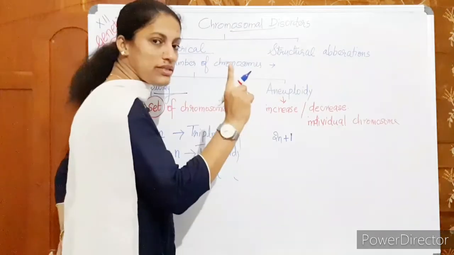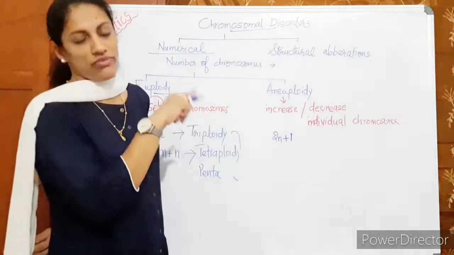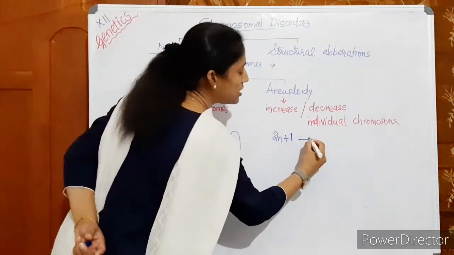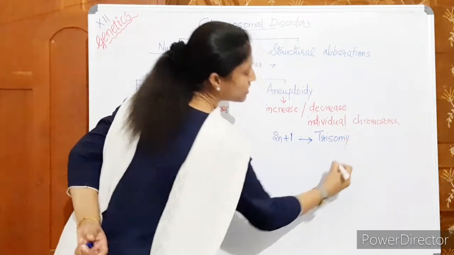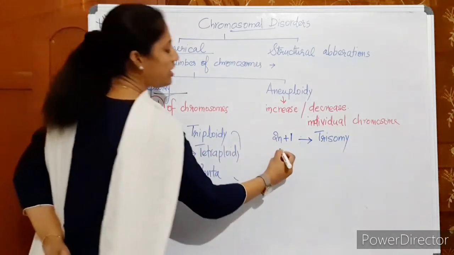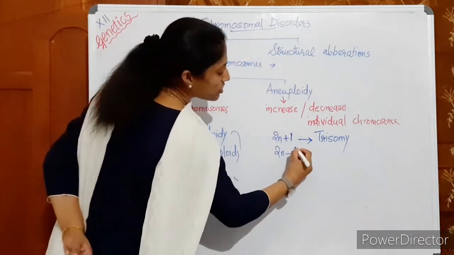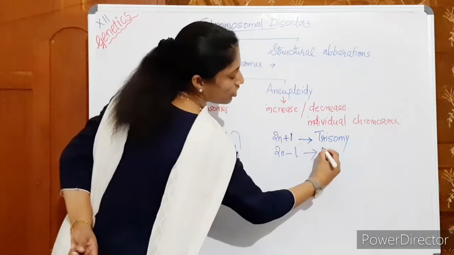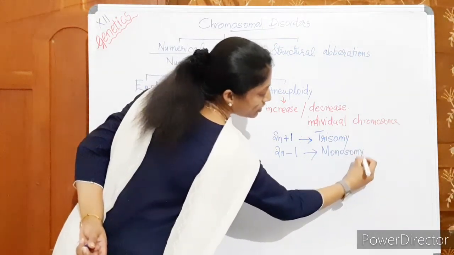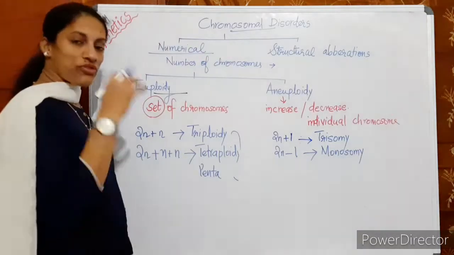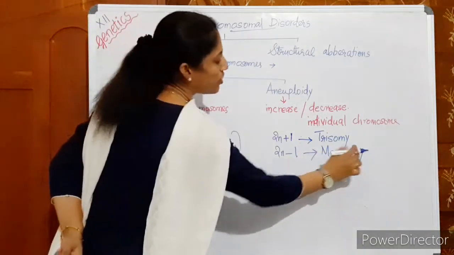There is gain of one extra chromosome. This case is called trisomy. And similarly, if one chromosome is less, that is called monosomy. There is loss of one chromosome from the diploid set, that is monosomy.